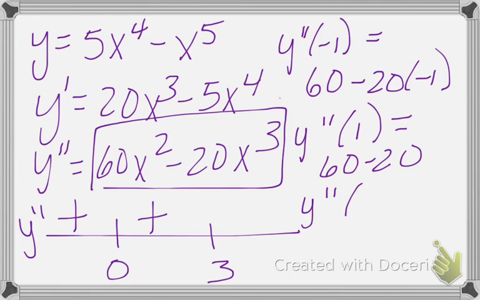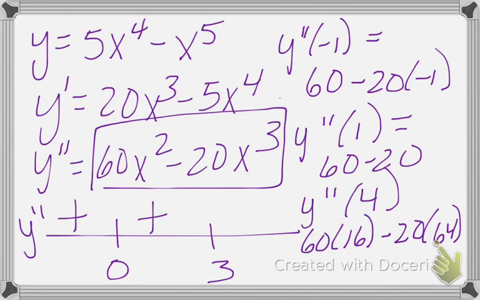And then y double prime of 4 will be 60 times 16 minus 20 times 64. So, what will this be? 960 minus 1280. So this is negative.